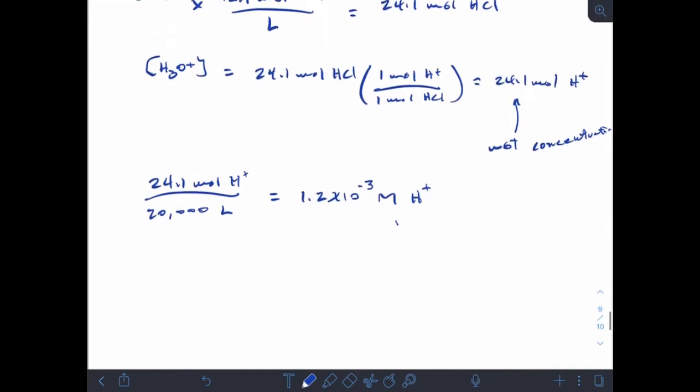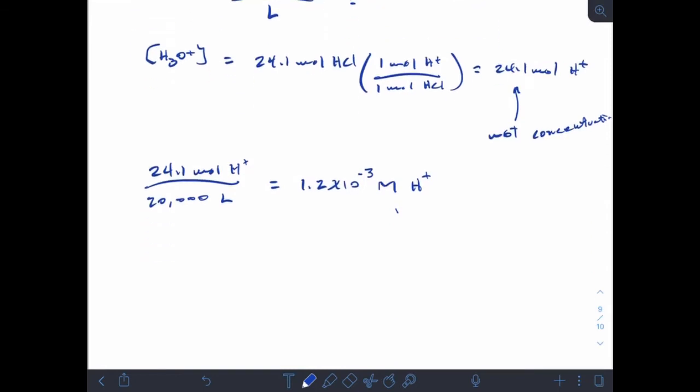So our pH is the negative log of 1.2 times 10 to the minus 3, which gives us a pH of 2.92. Pond is doomed. Our environmental terrorist has succeeded.